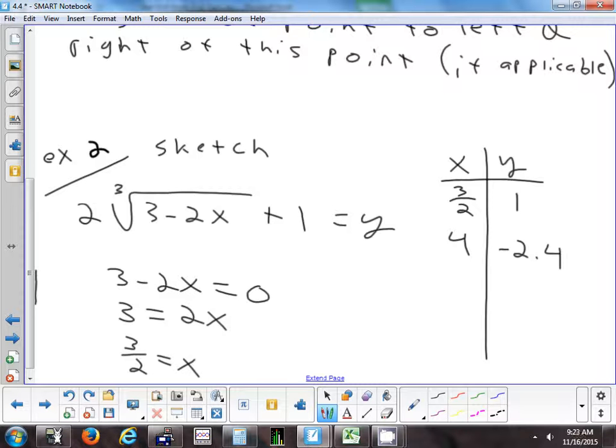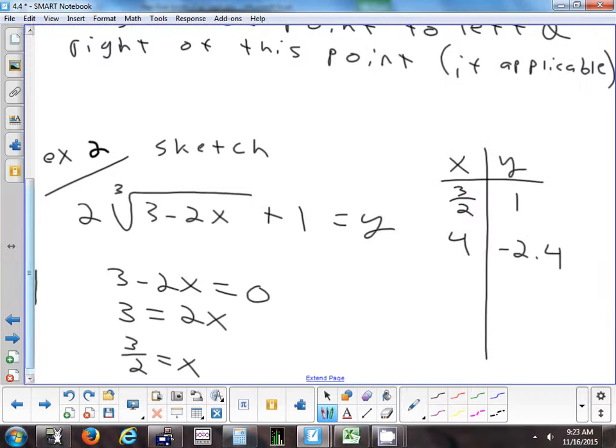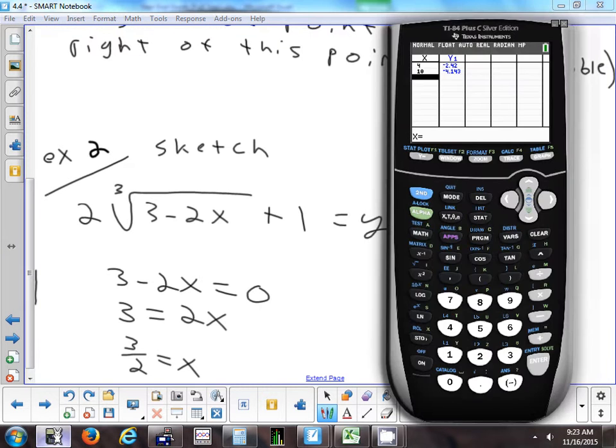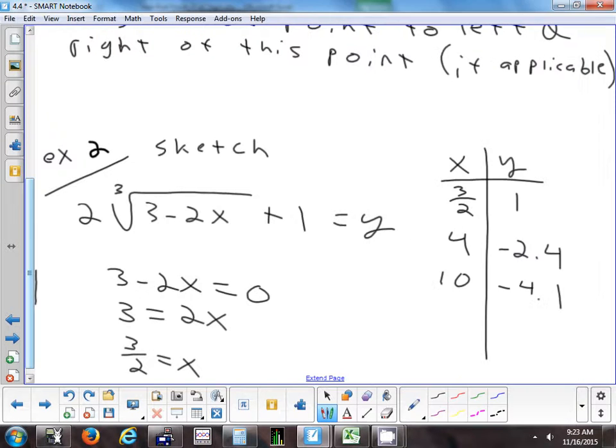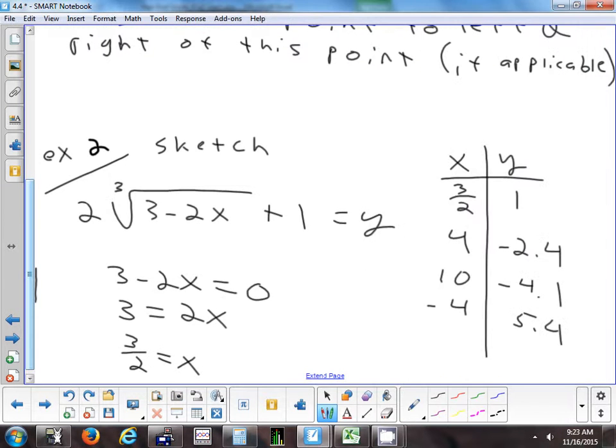We can't graph much more accurate than that anyway. Let's get one more. 10, negative 4.1. Okay, and get a couple on the other side of 1.5. Let's try negative 4. It's about 5.4. And negative 10. About 6.7.